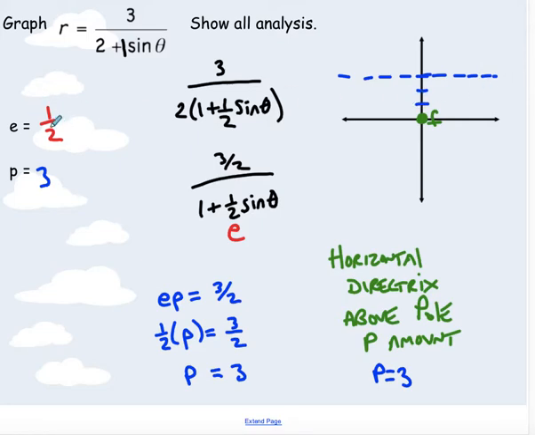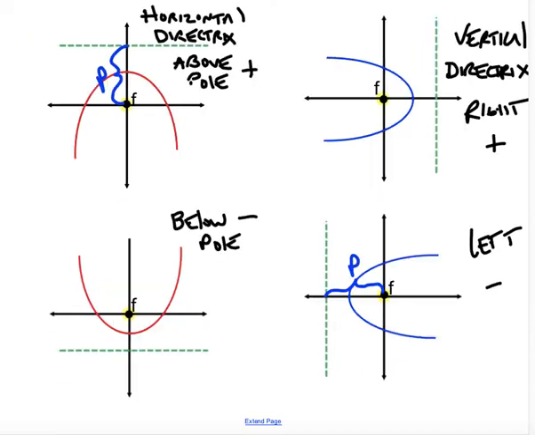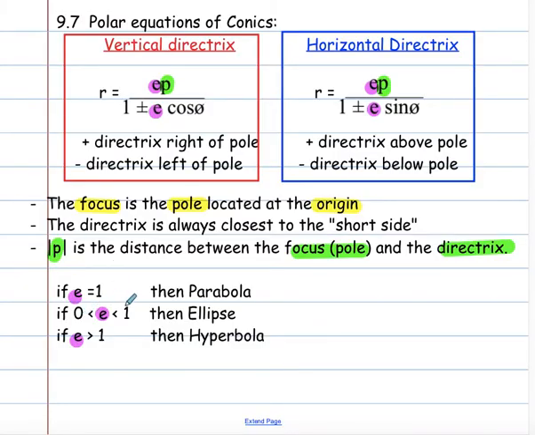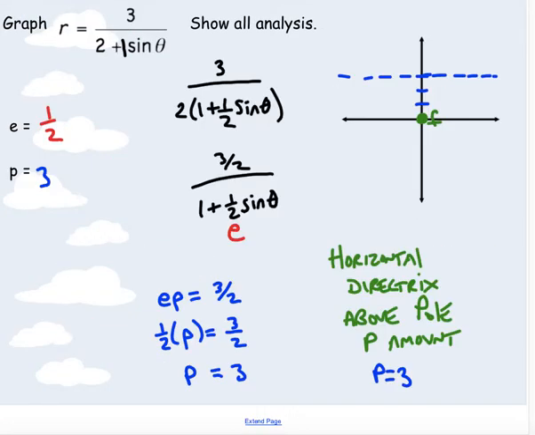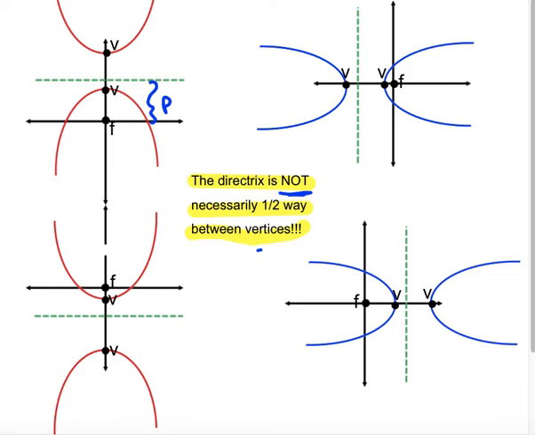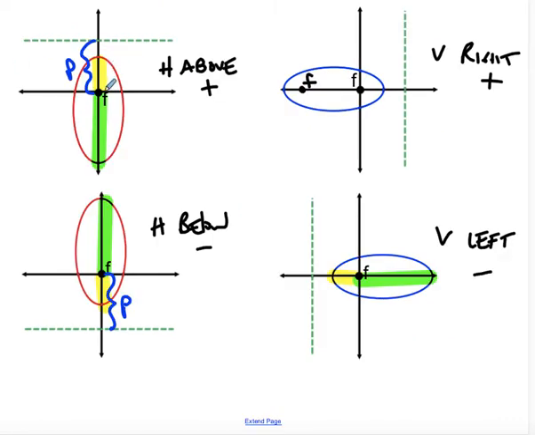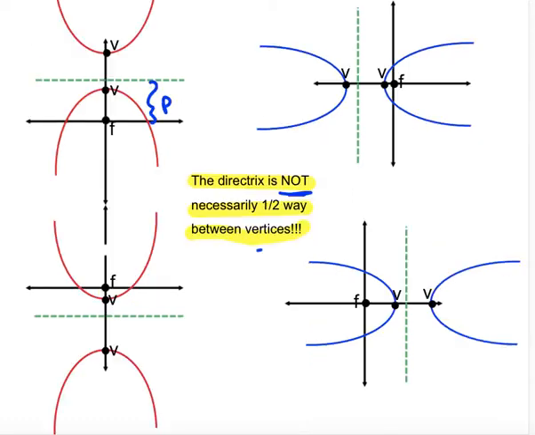As far as this 1/2, that tells me what shape it is. So if E is between 0 and 1, then it's an ellipse. So that means that we are dealing with an ellipse. And with an ellipse, I'm going to go back to our pictures. Remember how the directrix is closer to the shorter side of the ellipse?